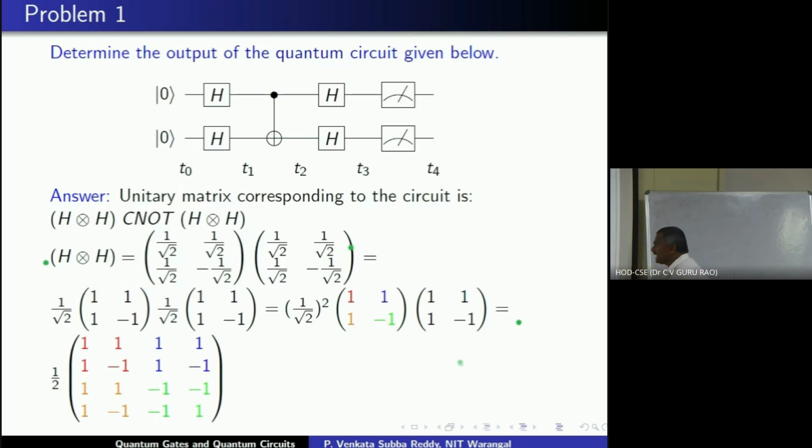See now, what is the state at T naught? At T naught, what is the state? Ket 0 tensor ket 0. This we can write as ket 0 ket 0 or ket 00.